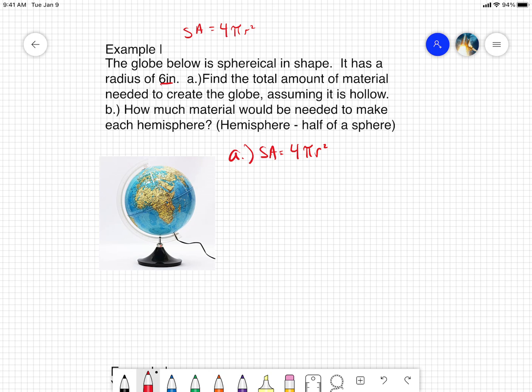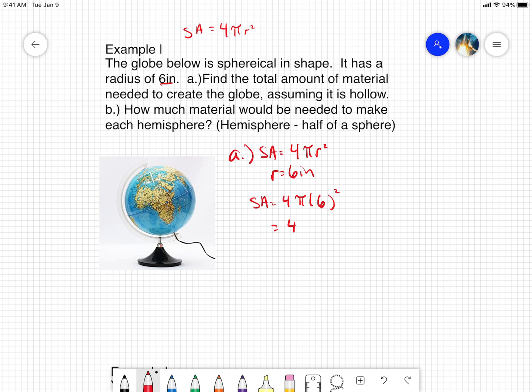Now, the only variable we need in here is the radius, and we're given it as 6 inches. So in order to find my surface area, it's just 4 pi times 6 squared.